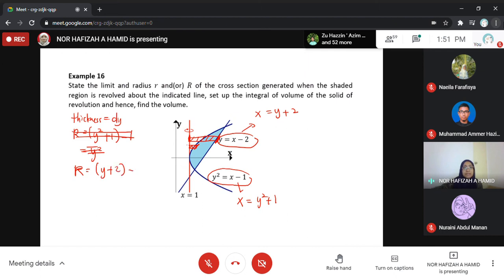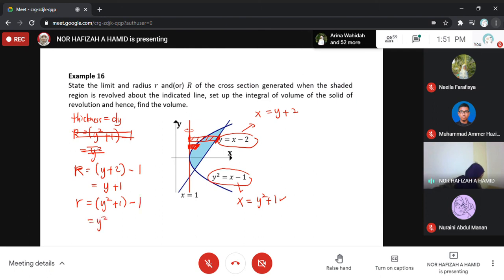Okay, minus dengan 1. So we have y plus 1. So ni for inner radius, daripada axis of revolution sampai curve. So you punya right, baru yang ini function dia. Y square plus 1, so minus with 1. Okay, so you have y square.